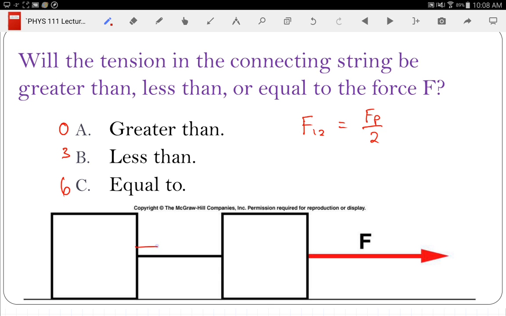Well, you have the force of 1 on 2 and the force of 2 on 1. Those are opposite directions, but they still have the same force. They're both equal to the tension in the string. And so that tension is, if the masses are equal, 1/2 of the force you're pulling.